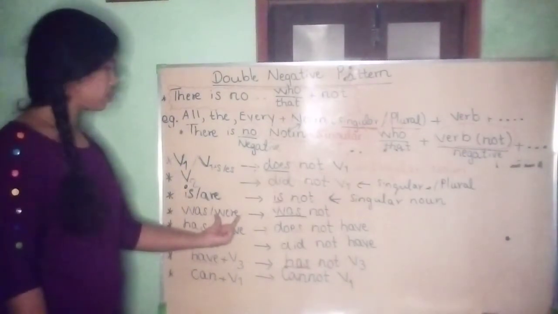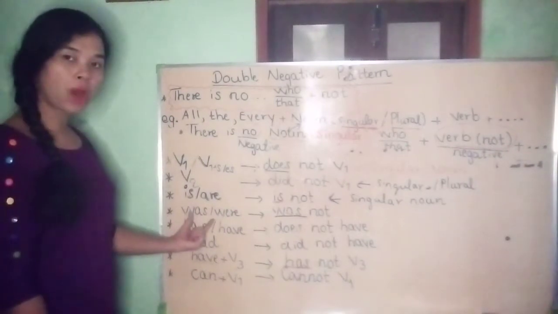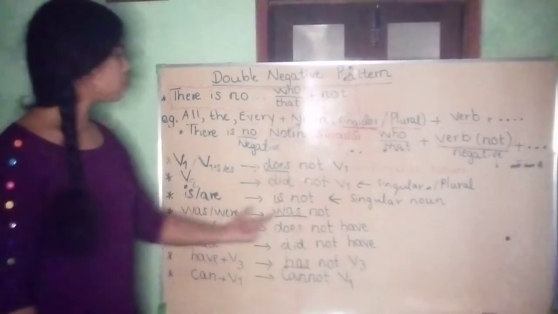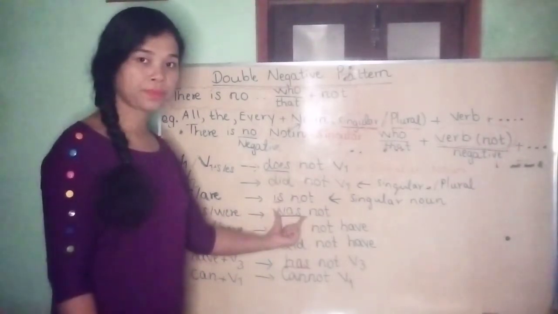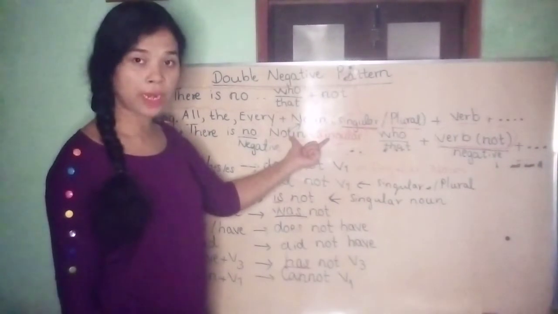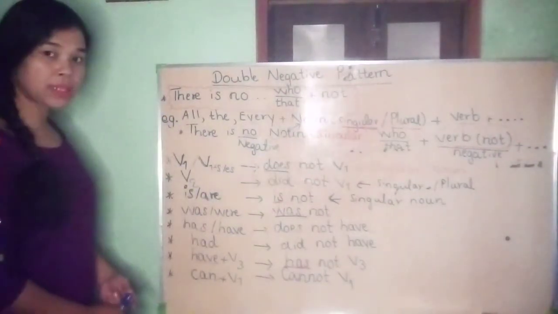Whether the verb is singular or plural, you need to change that into the singular verb was, because a singular noun has been used in this pattern. So let's see next.